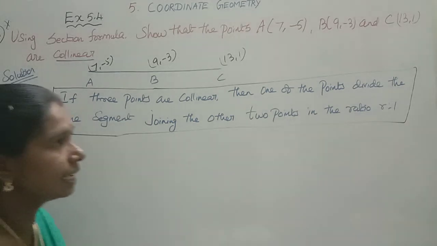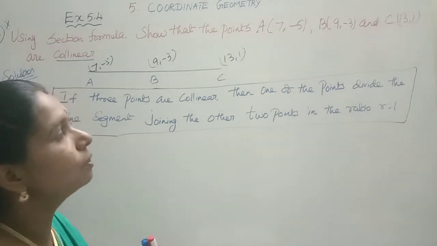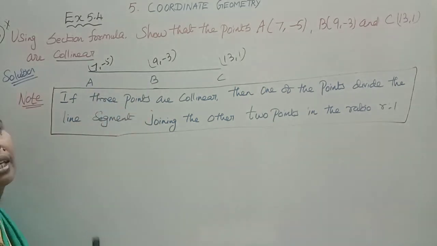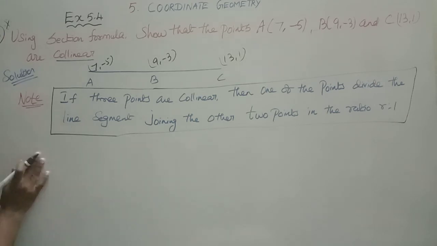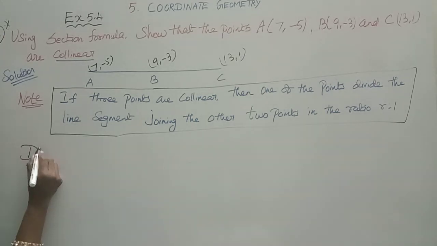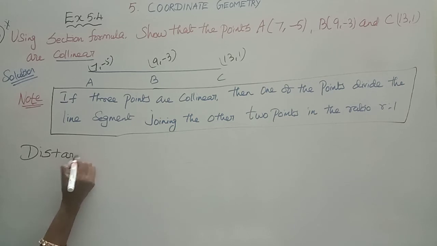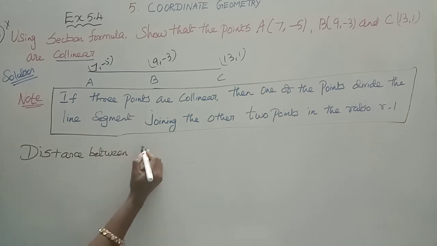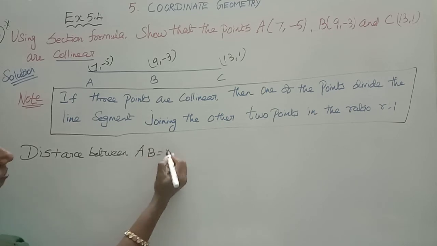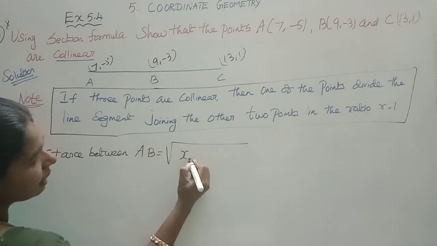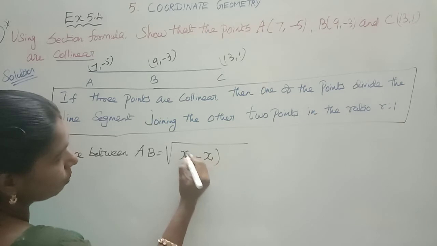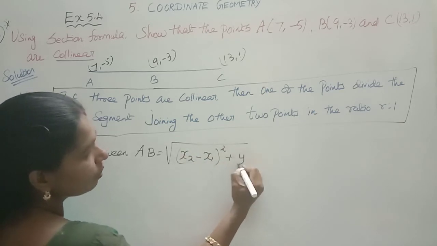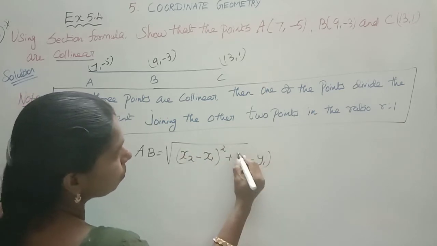For checking that idea, first I am going to find the length of AB. So I am going to use the distance formula for AB. Distance between AB equal to, what is the formula? Square root of x2 minus x1 the whole square plus y2 minus y1 the whole square.